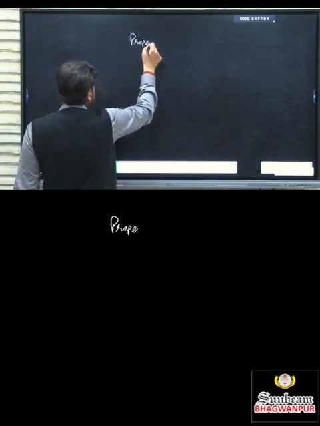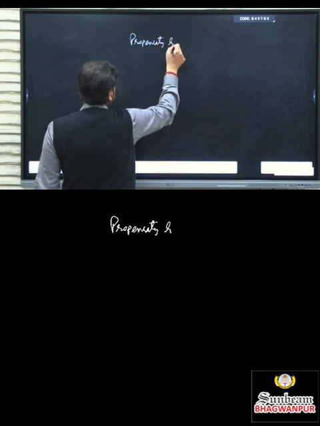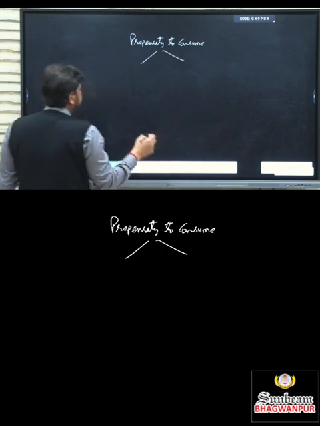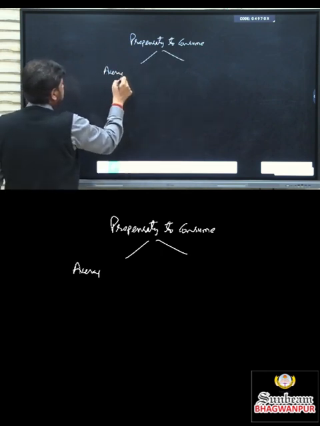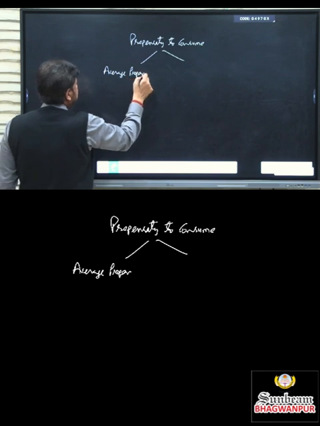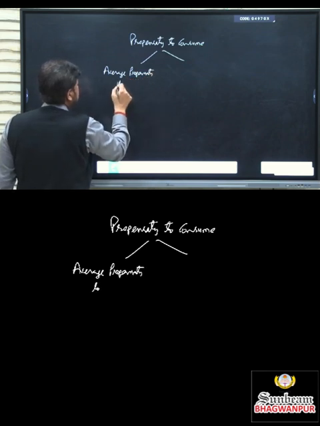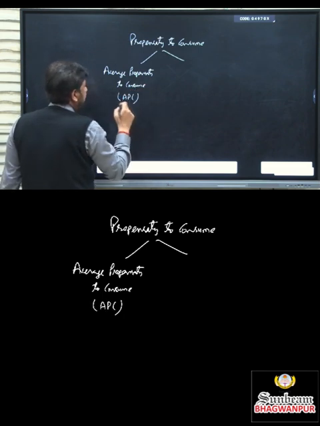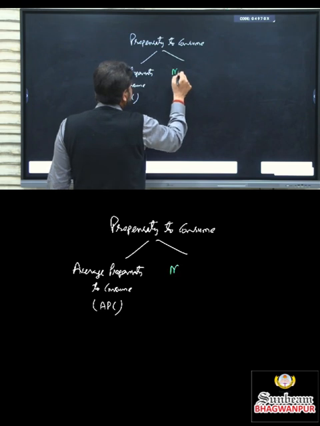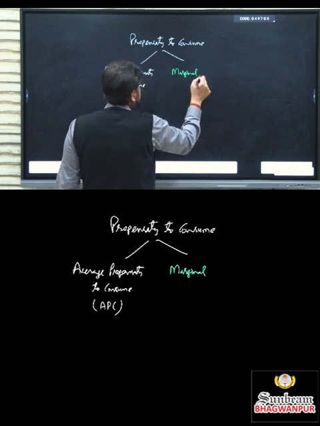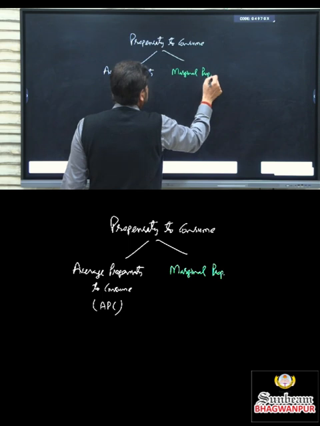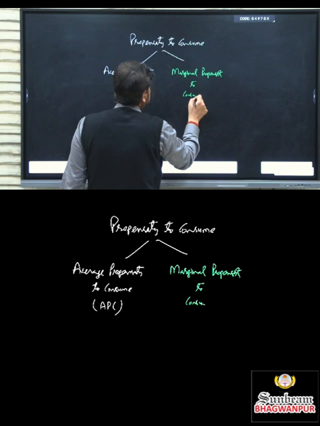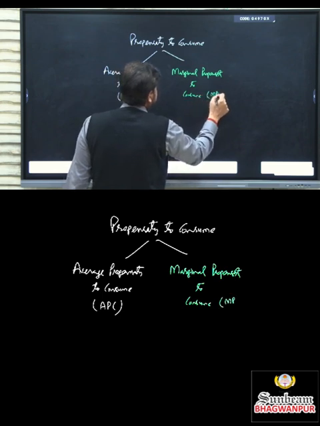Propensity to consume. It is of two types: average propensity to consume, APC, and marginal propensity to consume, that is MPC.